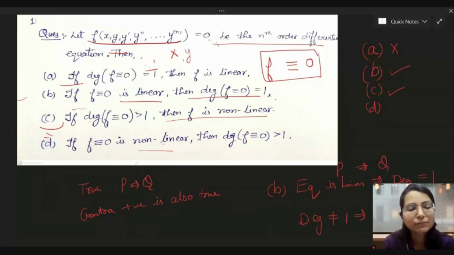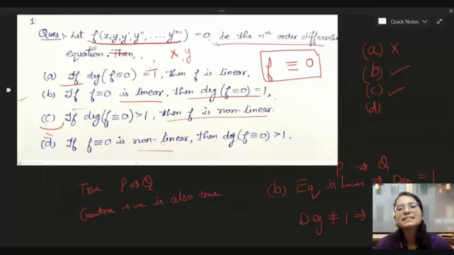So B and C options are the same. In my words, they're the same because they are each other's contrapositive. So B and C are correct. Now, we didn't have to do extra hard work for the C option, and that's very important while attempting questions in the exam. You should be very smart while doing these kinds of options.